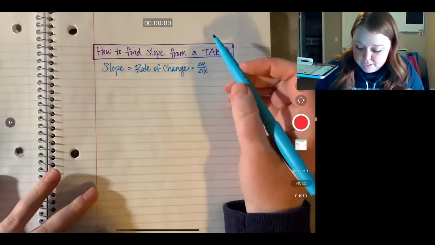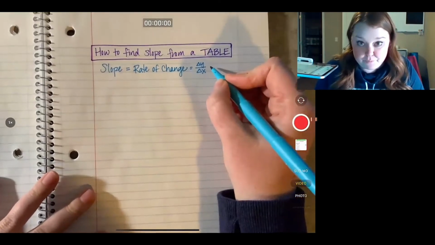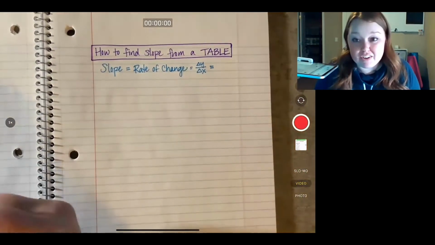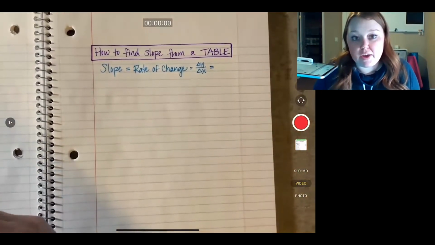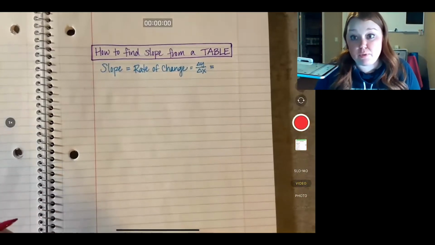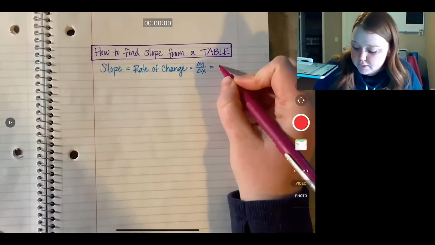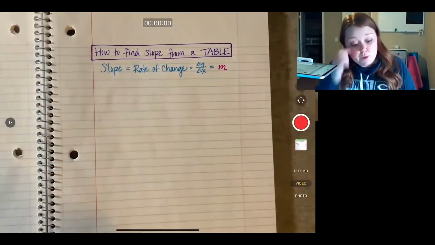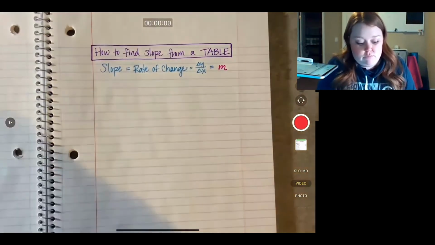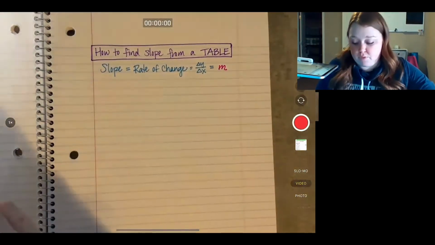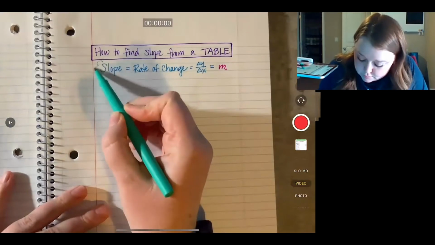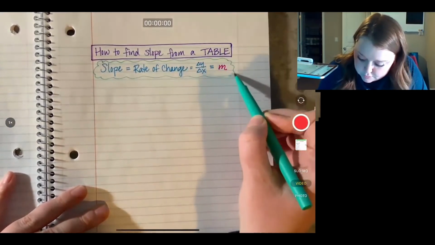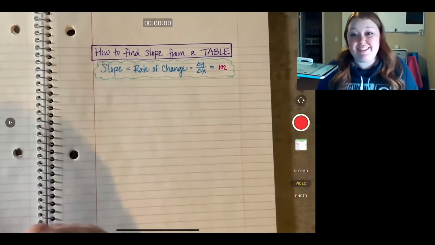And if you were paying attention in class Thursday and Friday, I also told you that there's a letter that we use to represent slope in algebraic equations, and that's the letter M. You're going to see that come up on the next page, okay? But all of these things mean slope. So why don't you go ahead and highlight that, put a box around it, whatever you need to do. All of those things mean the same thing.